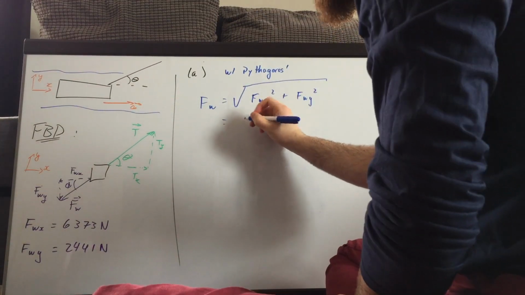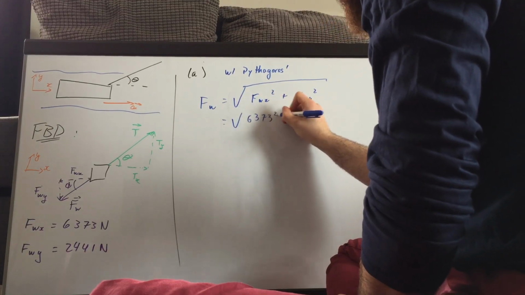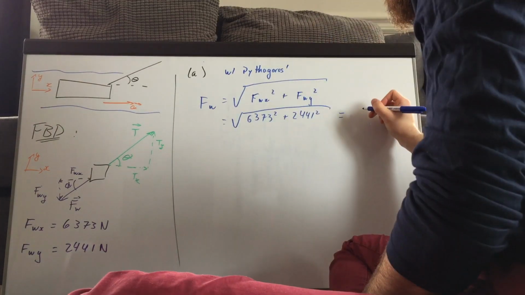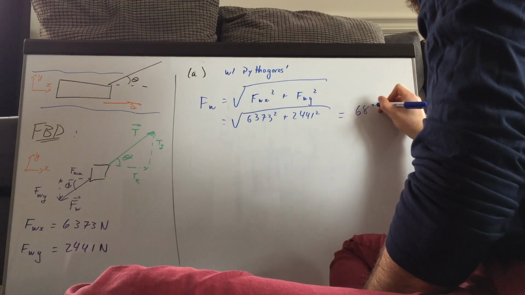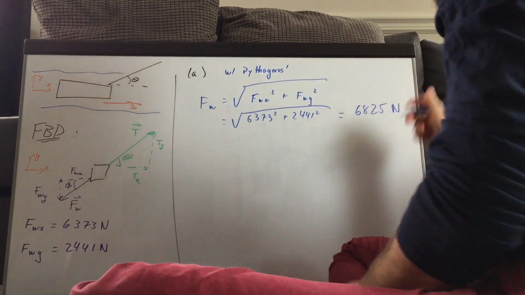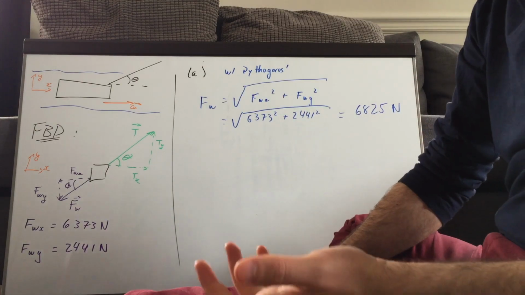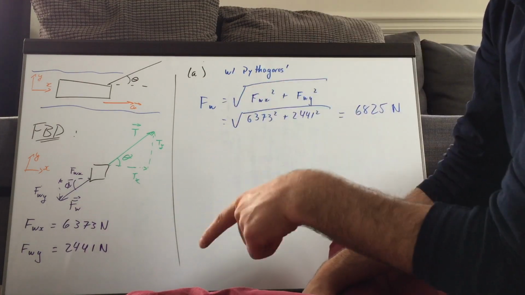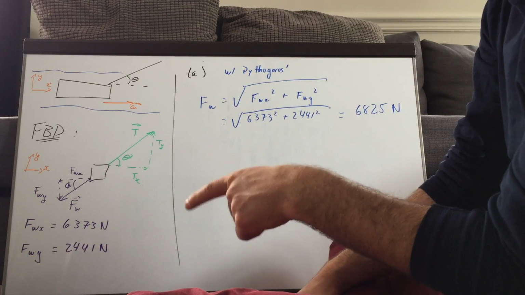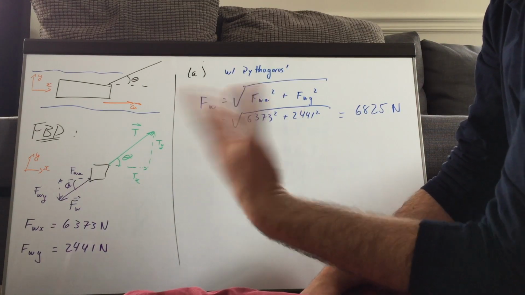When we plug in our numbers, we get 6,825 newtons, rounded to 3 sig figs gives you 6,830, which means that I made a slight mistake in my earlier calculation when I typed in the answers.